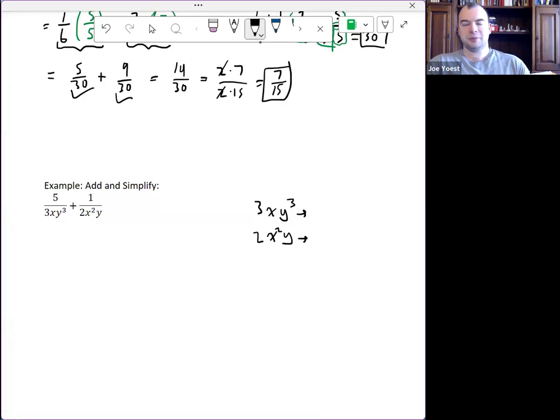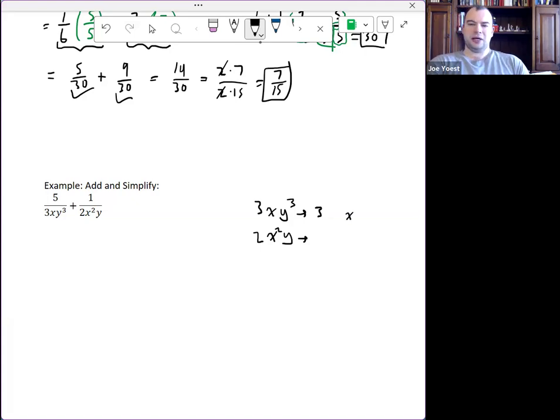Okay, so let's go piece by piece. I'll look at the number first in 3xy cubed. The number 3, does it factor into anything? What's its prime factorization? Well, it's pretty simple. It's just 3. So I need a 3 building block in my set of blocks to be able to build 3xy cubed. I'm going to give a little bit of space for the number down below.